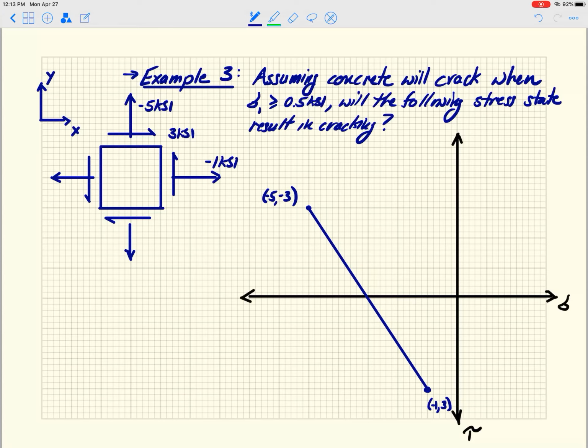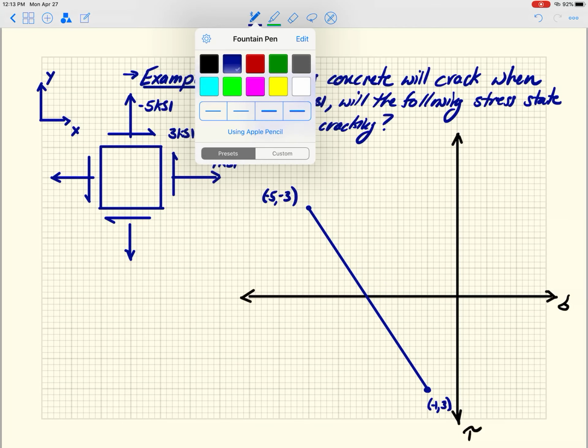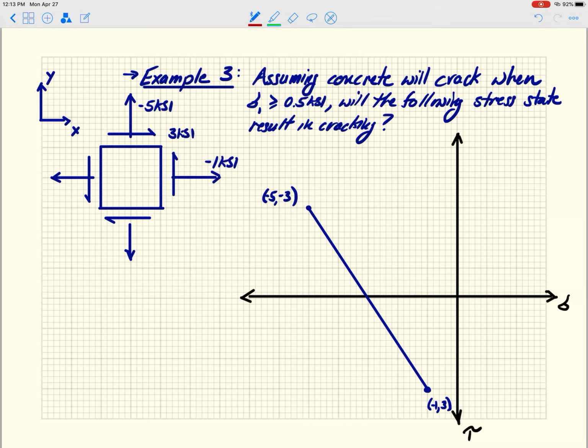Okay, so now let me draw the circle. I'm just going to spin this around, and hopefully I can do that. This isn't really working. Hold on.